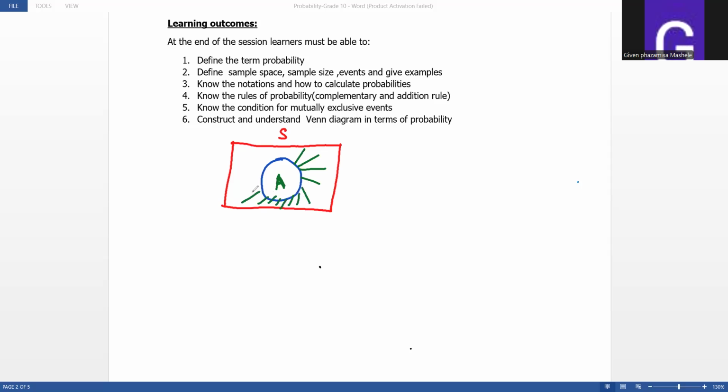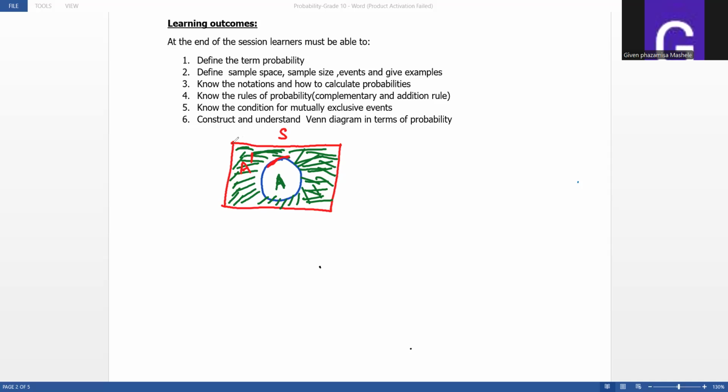So this shaded area here is where we have the not A. So this is the not A. Let me just say this will be A not. It means it's not part of A, it's outside.